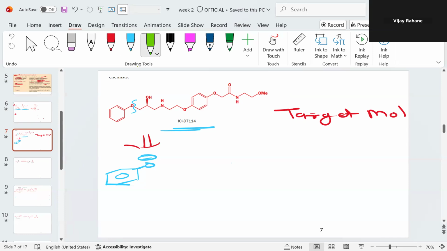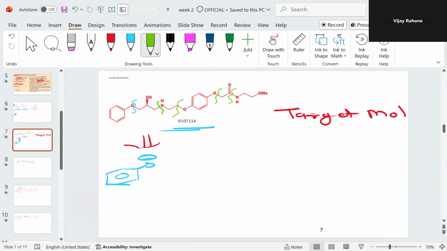And further, if you look here, this part can also be cleaved from this position. Again, this is also one of the possible disconnections. And in this part here, there is a possibility of another disconnection. And further, we can either disconnect here or disconnect in some other part.